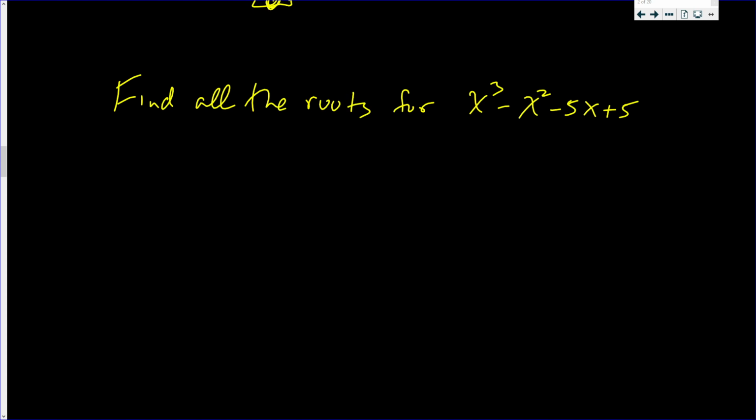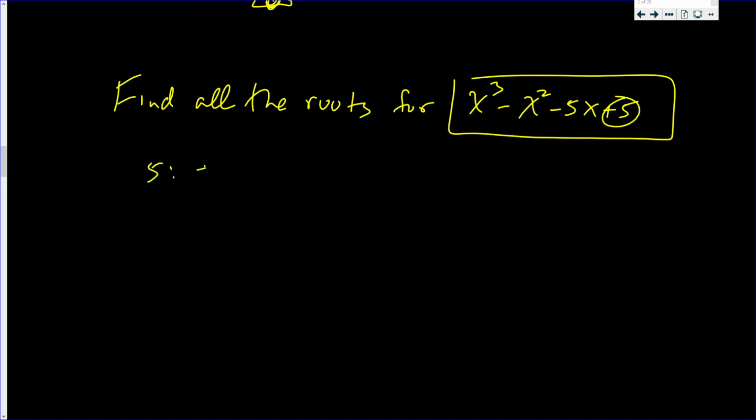So let's list the possible rational roots. The numbers that go into 5 are plus minus 1, plus minus 5. The leading coefficient, the one with the highest exponent of x, is 1. The numbers that go into 1 are plus minus 1.